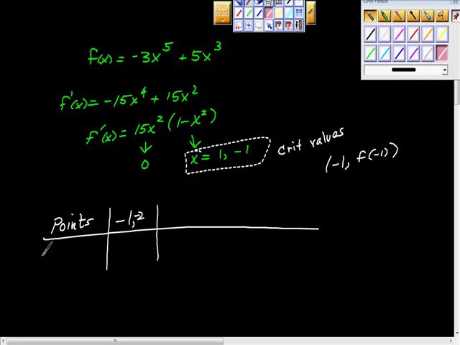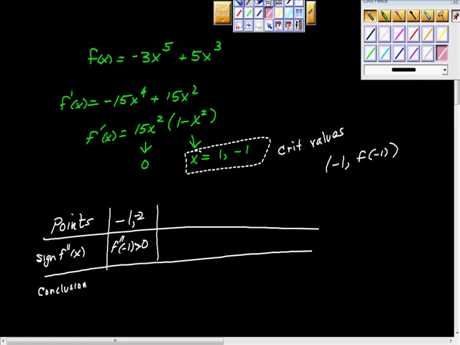And then we want the sign of f double prime at x there. So f double prime at negative 1 is greater than 0, right? So our conclusion here is that we have a minimum.